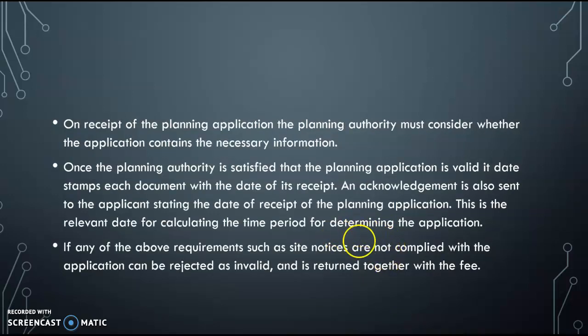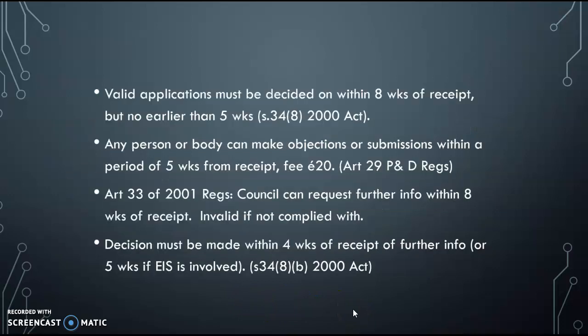When the Planning Authority receives your application, first they consider if it needs any further information. They'll stamp each document with date of receipt, and that starts the clock running for the time periods in the Act. If any of the site notice requirements are not complied with, the application is just sent back and returned together with the fee.